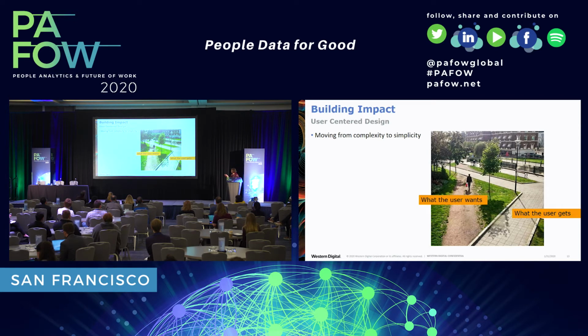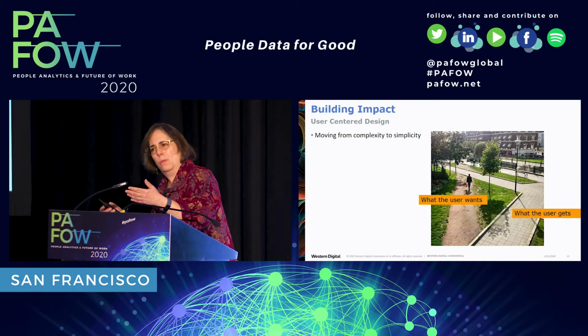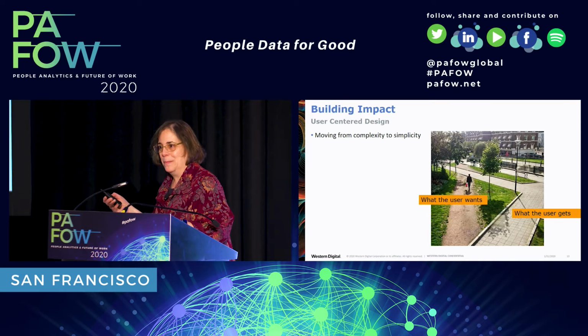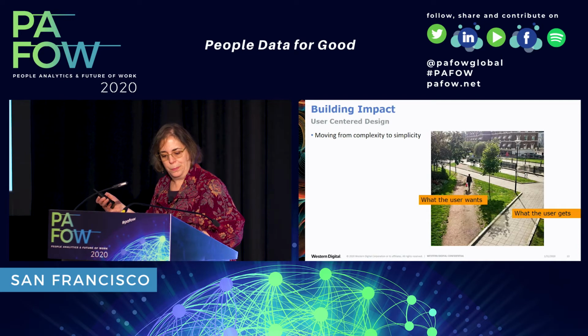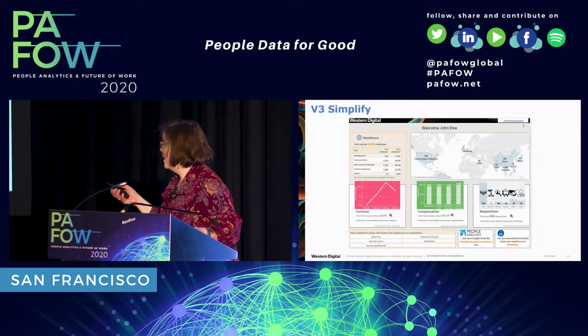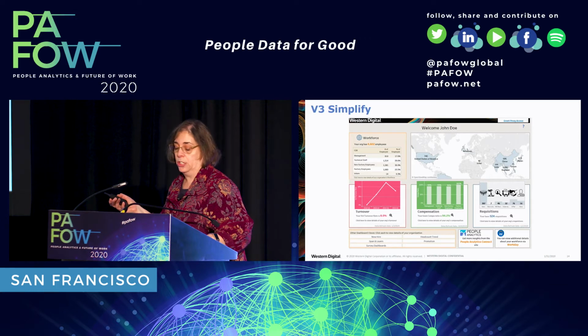So I think we've learned a lot, from our spreadsheet through to our "wow, look what we can do, isn't this great?" to our "well, what do you really need, more than what can we give you?" So V3 is about simplification.